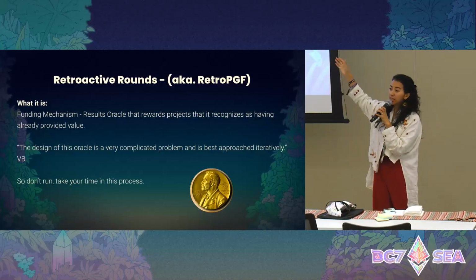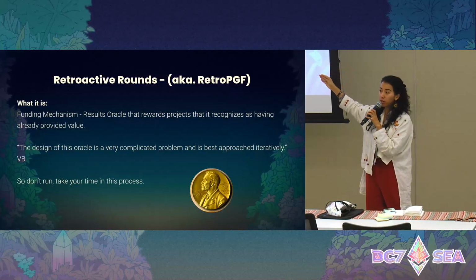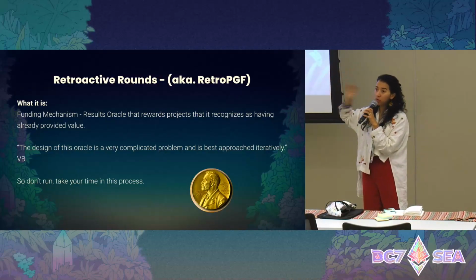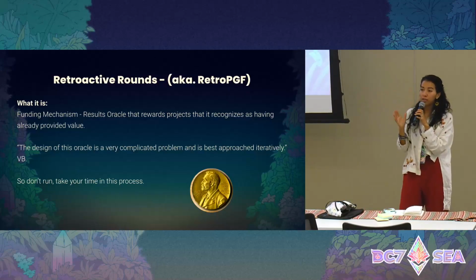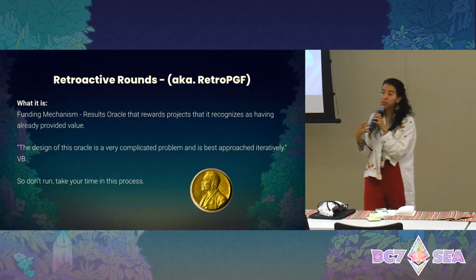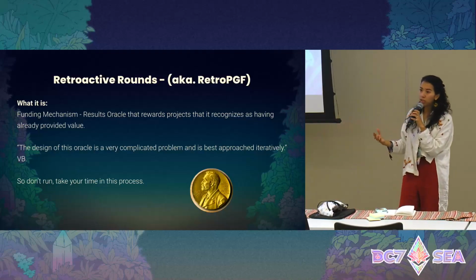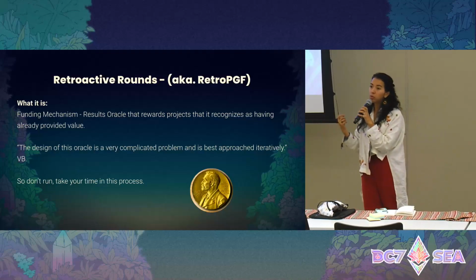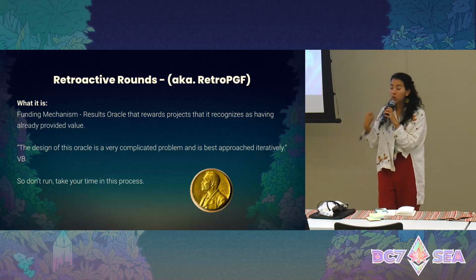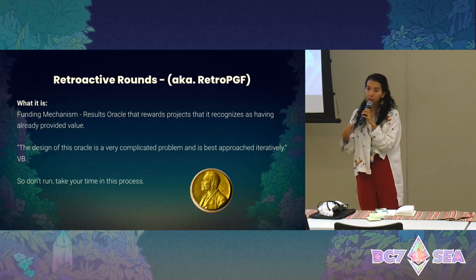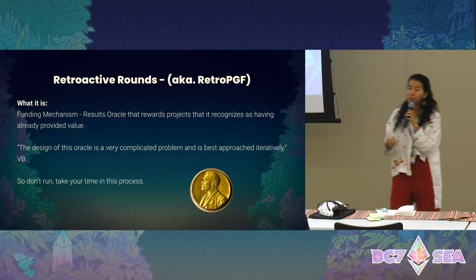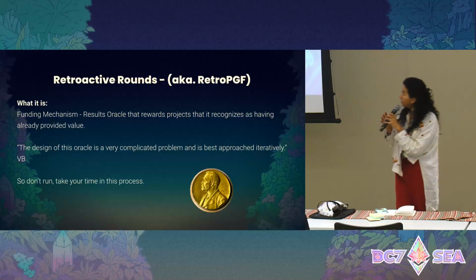But it's a similar experiment that we're running with retroactive rounds, in which we're looking at what has yielded a very valuable contribution to an ecosystem or to a community, and we want to reward that because we want to incentivize more people to have this type of behavior of contributing to the communities or to the ecosystems.